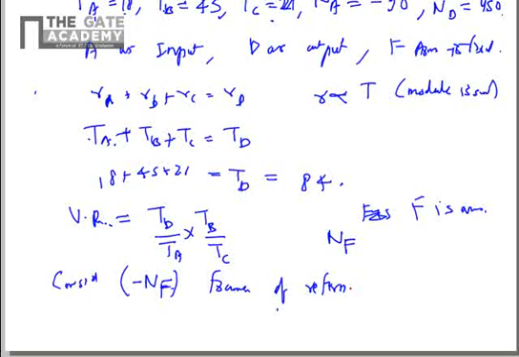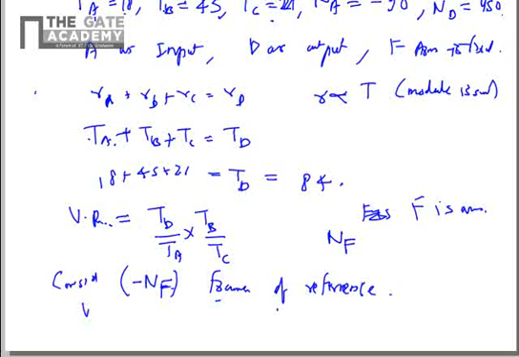This is the second method for determining the angular velocity in a cyclic chain that I described a few minutes back. In the minus NF frame of reference, since we are moving along with the train, the leg will appear to be fixed and the velocity ratio will remain the same.